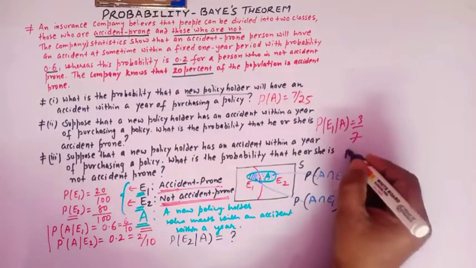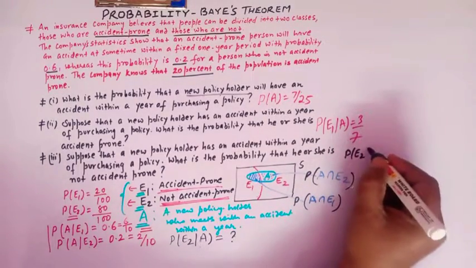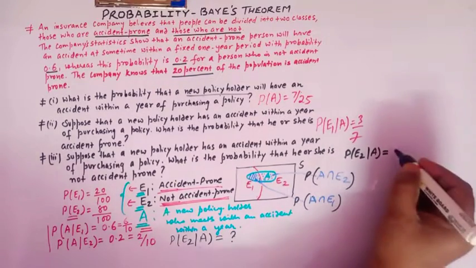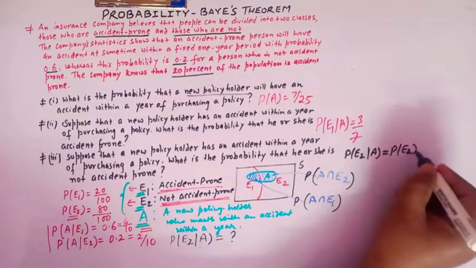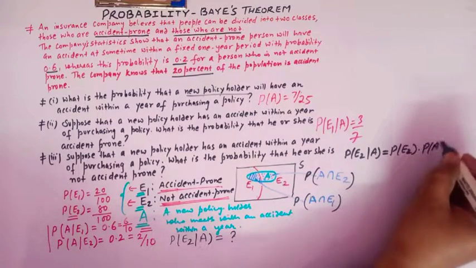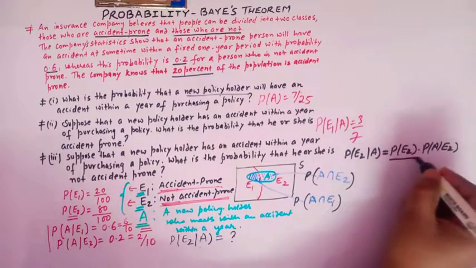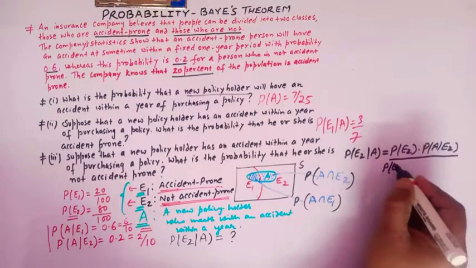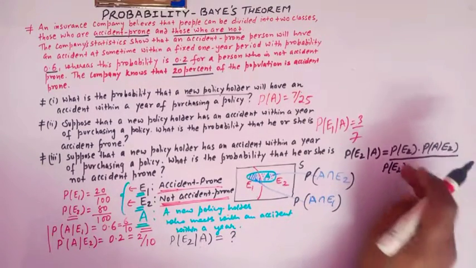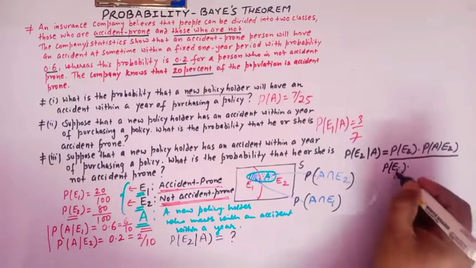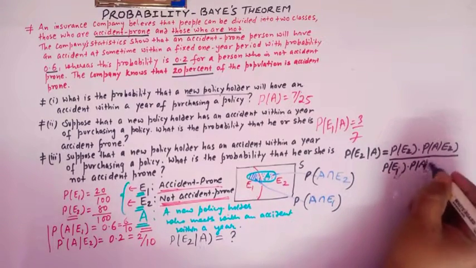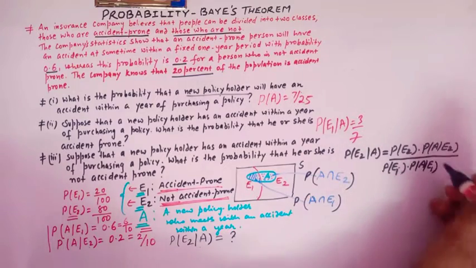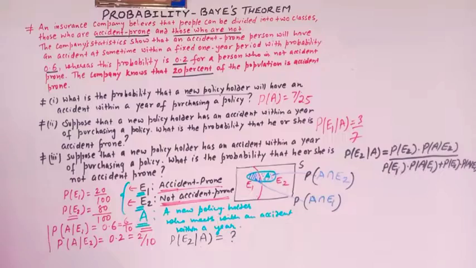So we can write the probability of E2 given A as the probability of E2 times the probability of A given E2, and in the denominator we have the probability of E1 times the probability of A given E1, plus the probability of E2 times the probability of A given E2.